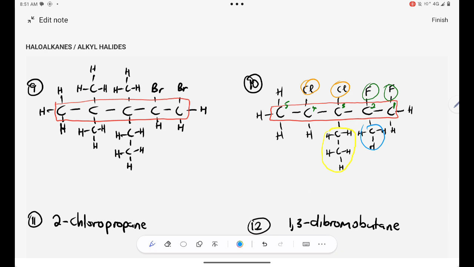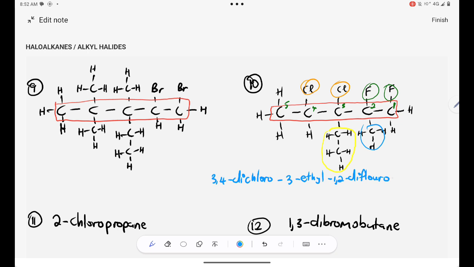So for the IUPAC name, I need to mention the substituents, guys, in alphabetical order. Are you together? I have chloro, fluoro, ethyl, and methyl. I know that chloro should appear first in alphabetical order, so this will be 3,4-dichloro, and then 3-ethyl, and then I'll simply have 1,2-difluoro.